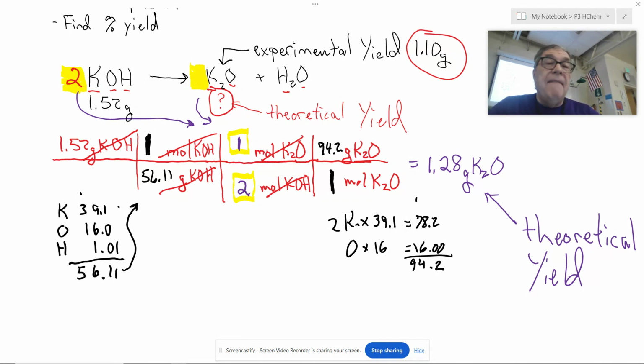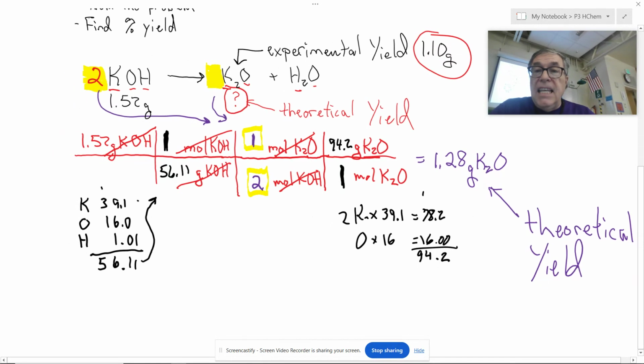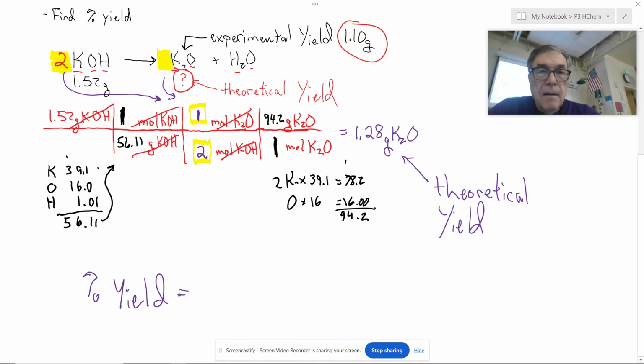So now we have everything we need to calculate percent yield. Percent yield is the experimental yield of 1.10 grams. And you guys know where that came from, right? That number came from right up here.